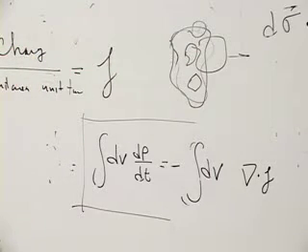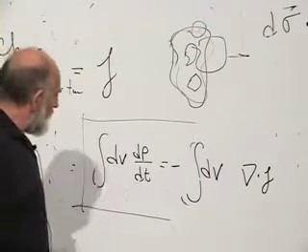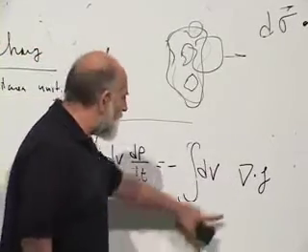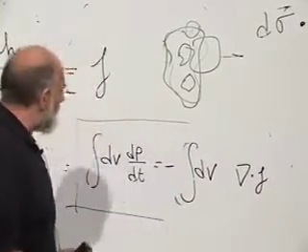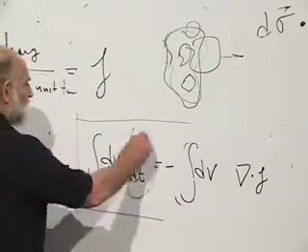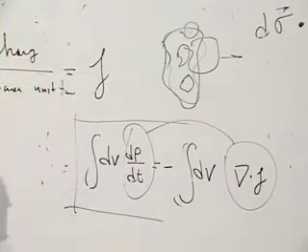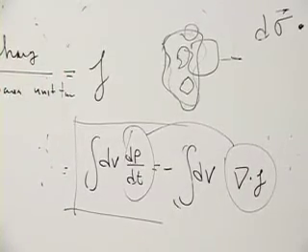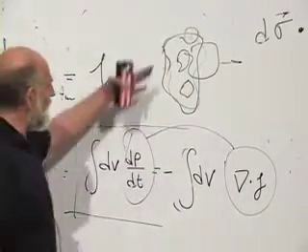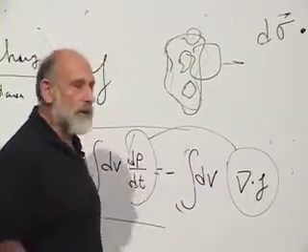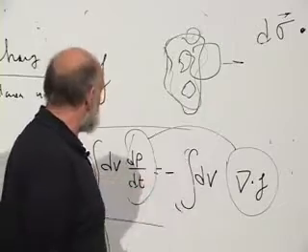The only way is for the things themselves to be equal. That again is a mathematical theorem, but it's more or less obvious that if for any region the integral of one quantity is equal to the integral of another quantity, the two quantities have to be equal.